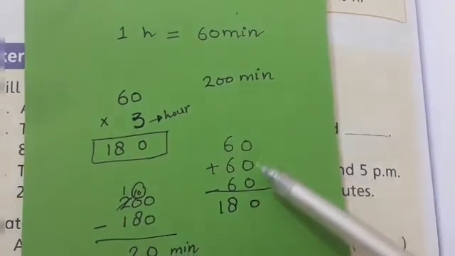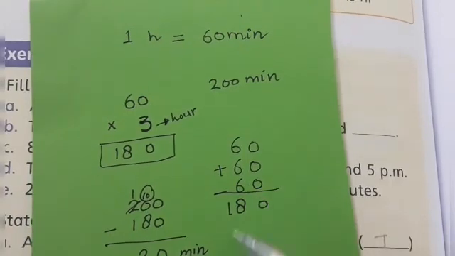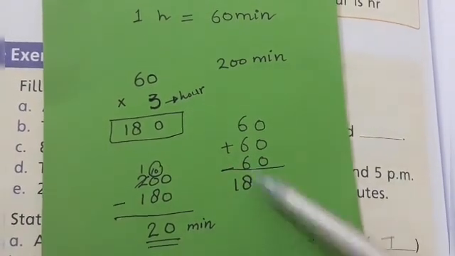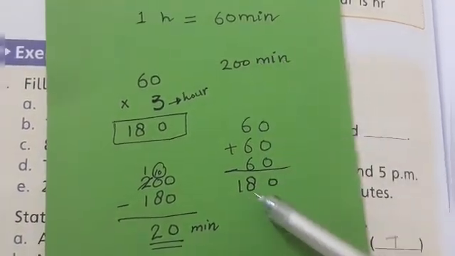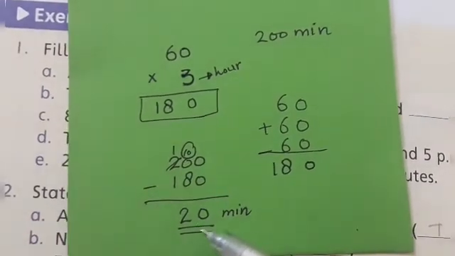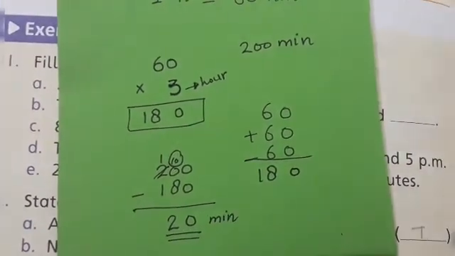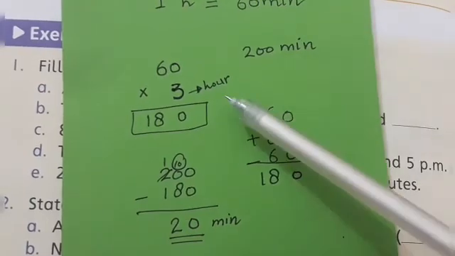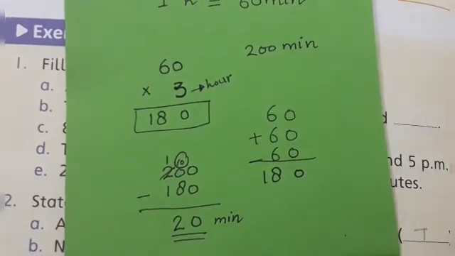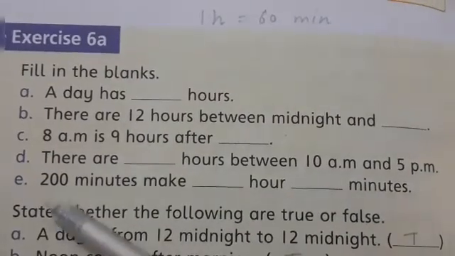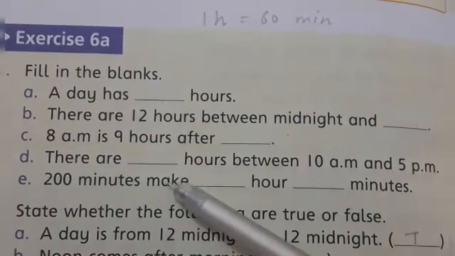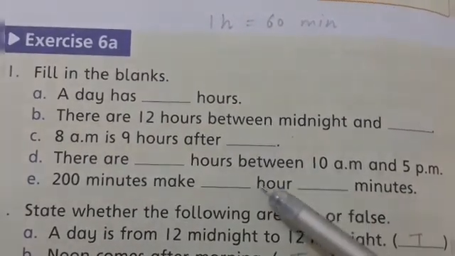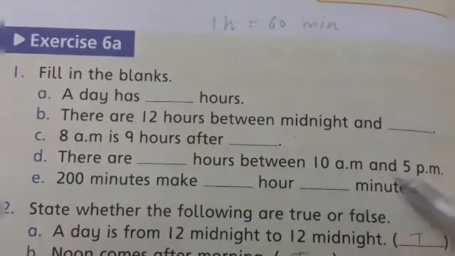You can also add 60, 60 and 60 and get 180. Now subtract 200 minus 180, so it will be 20 minutes. It means 200 minutes make 3 hours and 20 minutes.